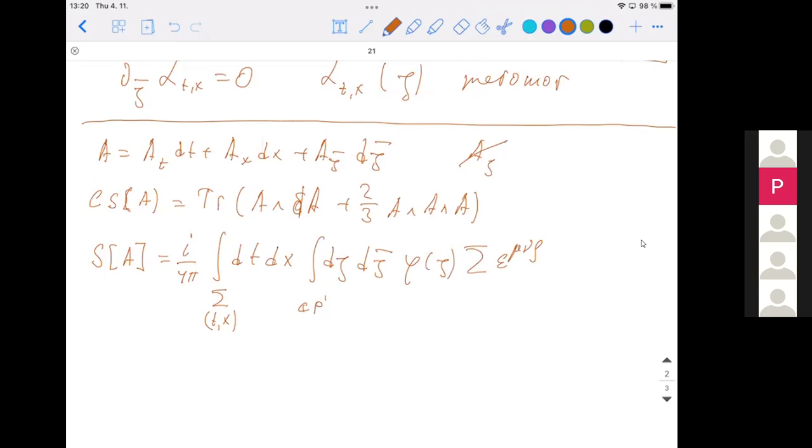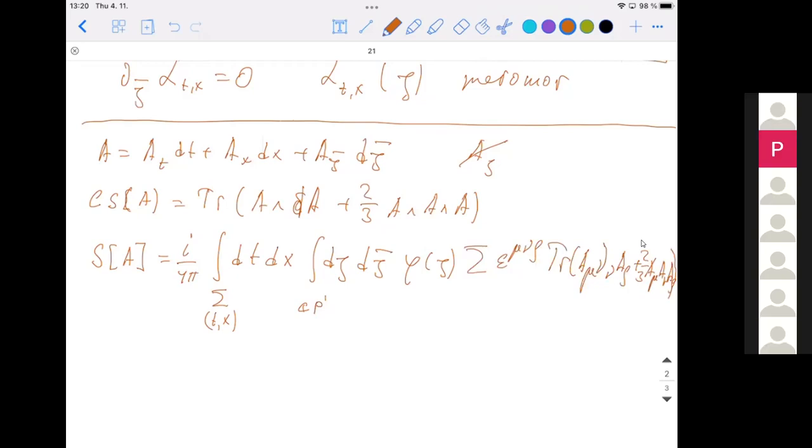Let's write epsilon mu nu rho trace A mu d nu A rho plus 2/3 A mu A nu A rho, like this, and this mu nu rho is in 3 dimensions. So yeah.